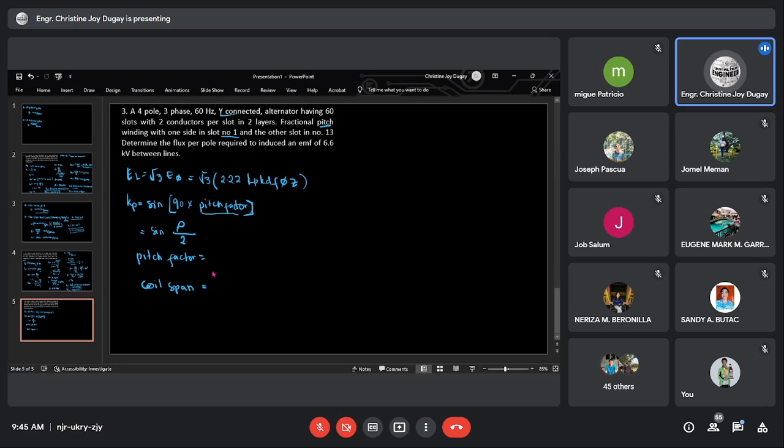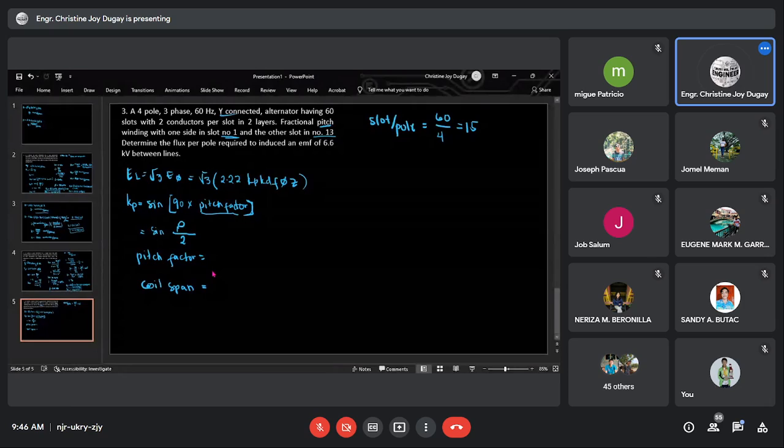So, ang slot daw natin, nandito siya sa slot number 1, then the other one is on 13. Kung kukunin natin ang slot per pole natin, ilan ang slots natin? Total is 60. And then divide natin sa per pole natin, which is 4, no? 60 divided by 4, ilan yan? 15, no?